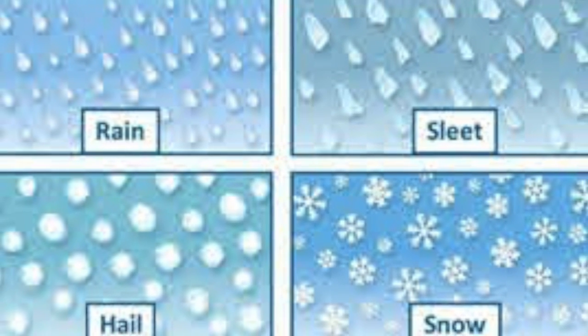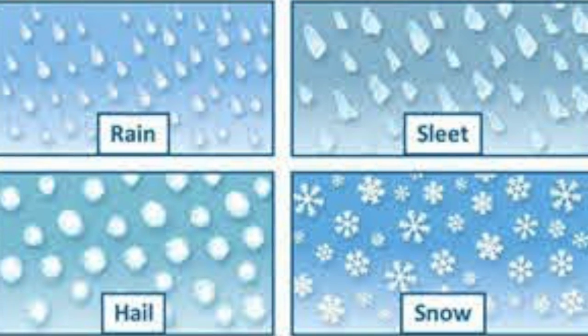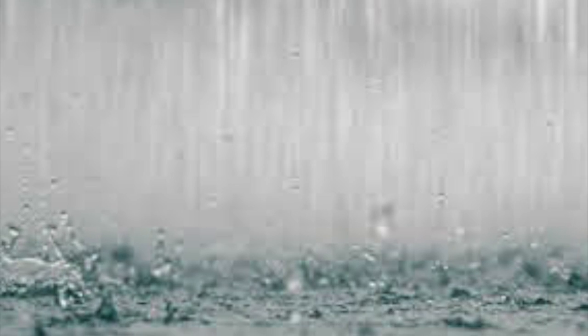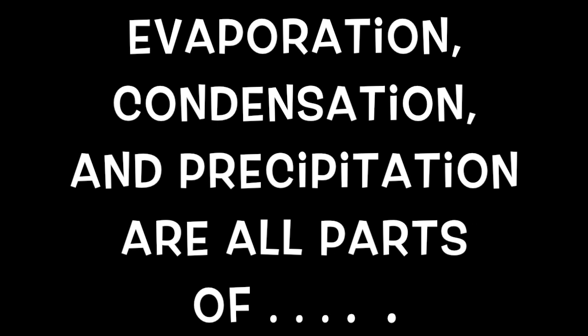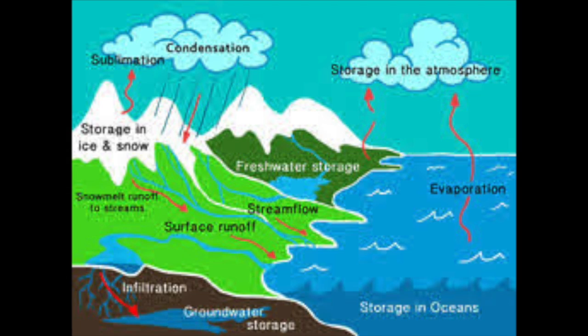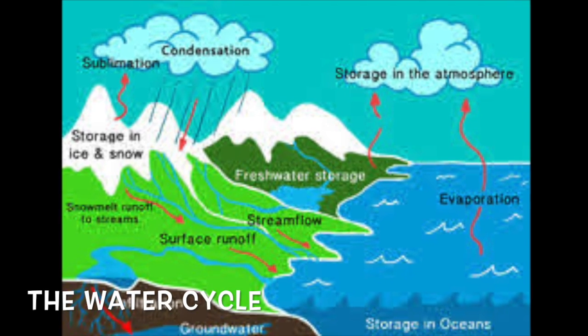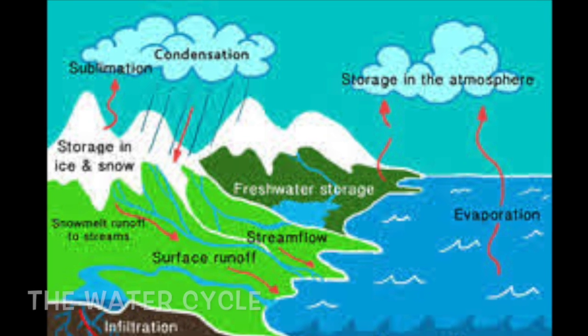Rain, sleet, snow, hail. Can you find some examples of precipitation at home? Evaporation, condensation, and precipitation are all parts of the water cycle.